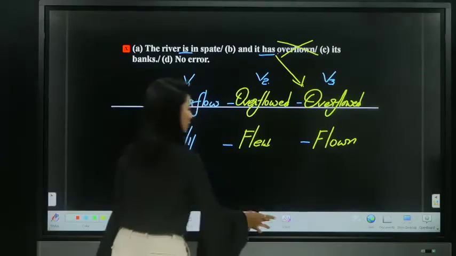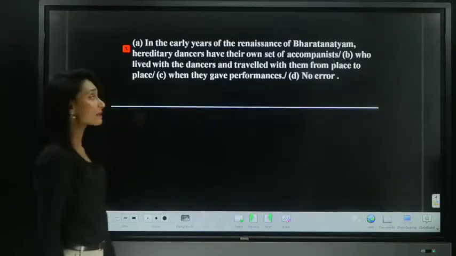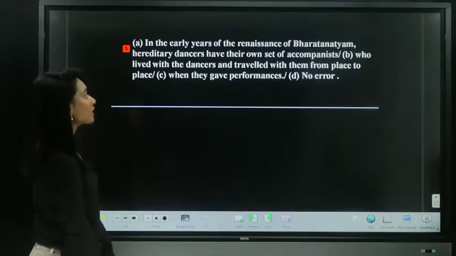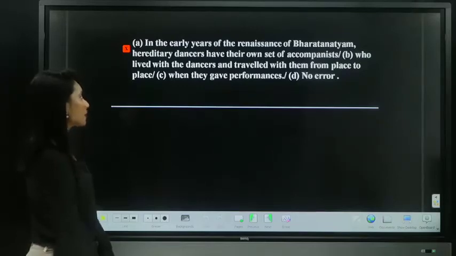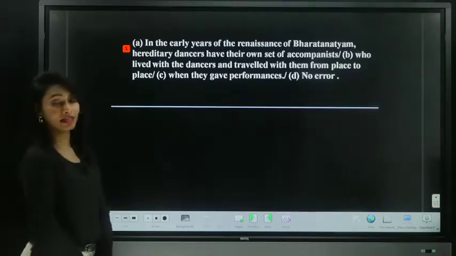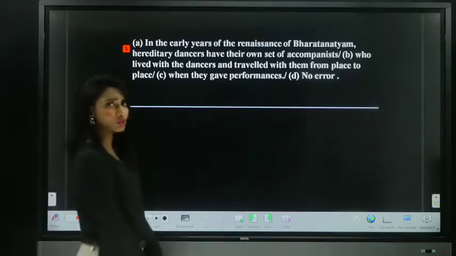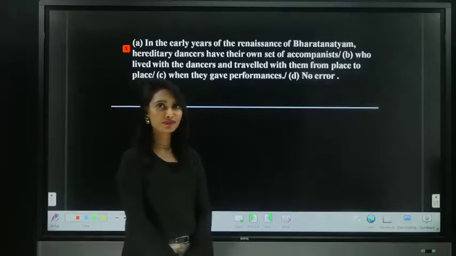So look at the next sentence. Quick with your answers, guys. In the early years of Renaissance of Bharatanatyam, hereditary dancers have their own set of accompanists who lived with the dancers and traveled with them from place to place when they gave performances. It's a lengthy sentence though the error is very simple.